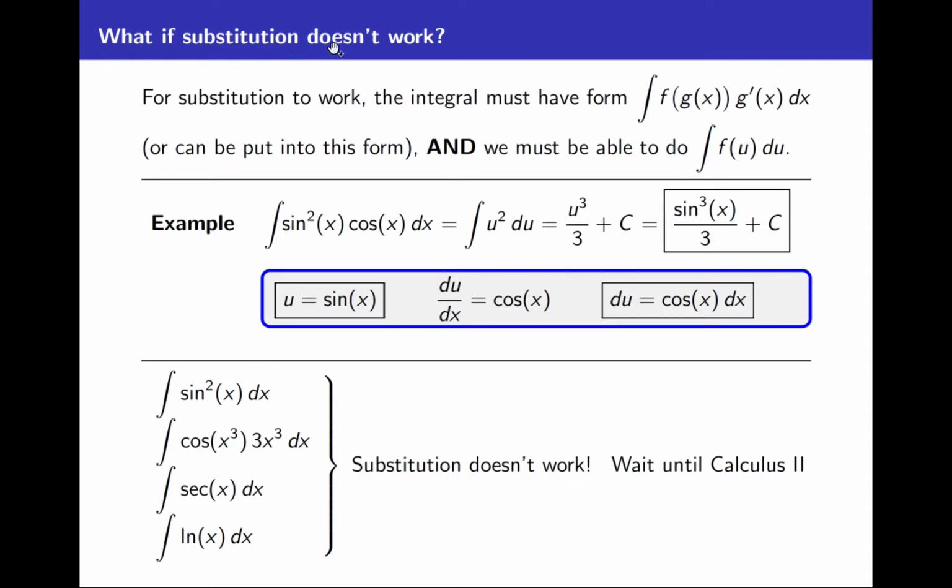So what to do if substitution doesn't work? A big answer is take Calculus 2. But there are some techniques available to us now in Calc 1 that we can apply, and I want to talk about those today.